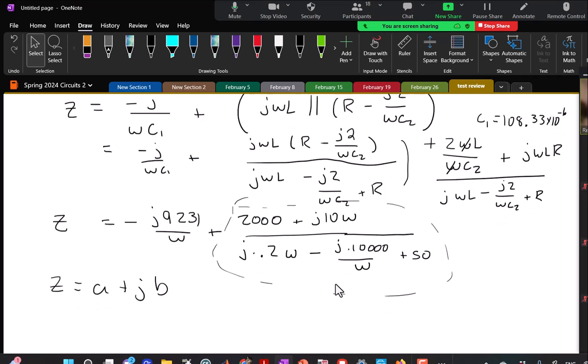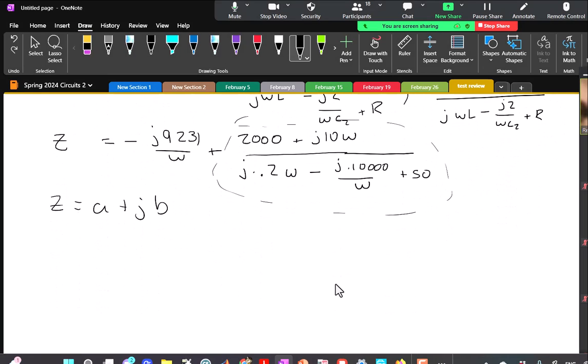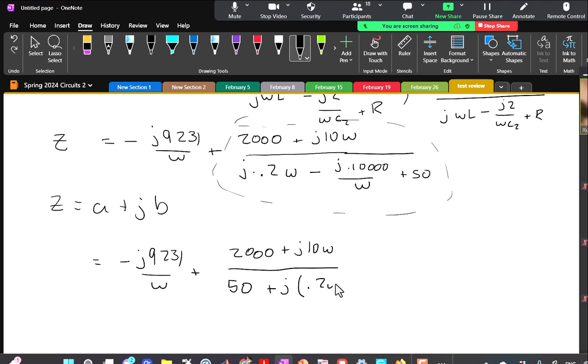And so if you look, I'm just going to rewrite this. The same thing, I'm not going to do anything except rewrite it. 9231 over omega plus 2000 plus j10 omega over, and then if I write this as 50 plus j times 0.2 omega minus 10,000 over omega, then I can see what the real and imaginary parts are in the denominator.